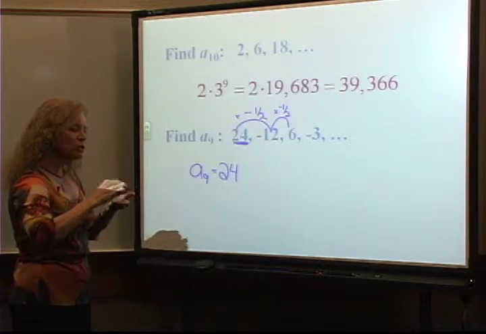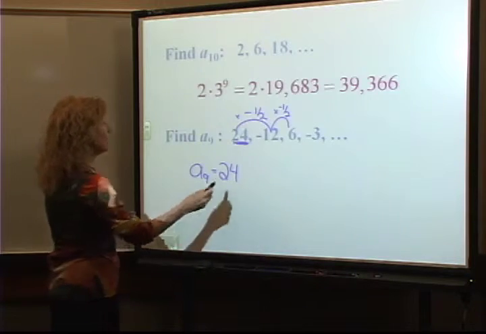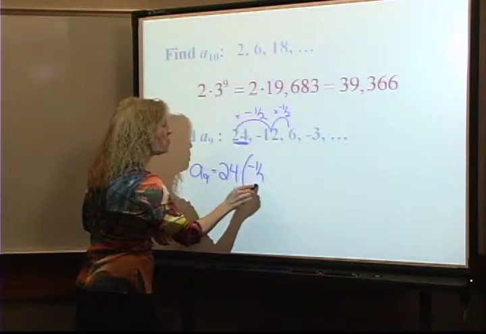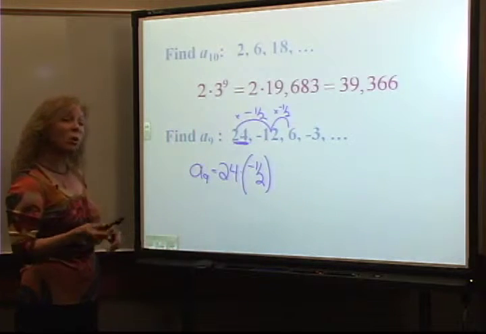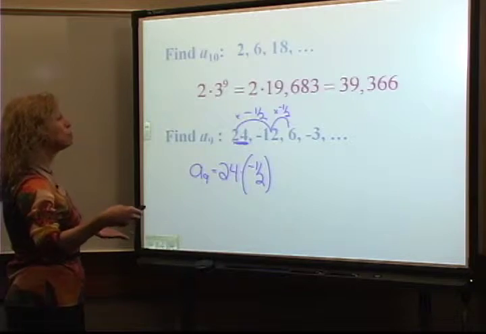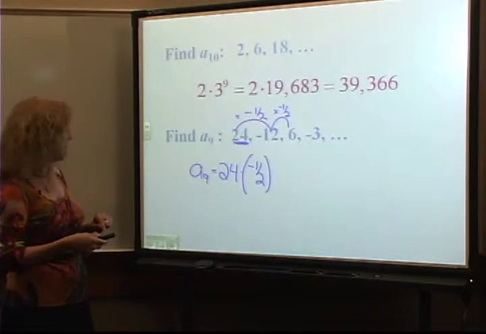And then what do I do to go from term to term? Well, I'm multiplying. I'm going to keep multiplying by -1/2. And then the question is, well, how many times will I multiply by that -1/2 to get out to my 9th term?